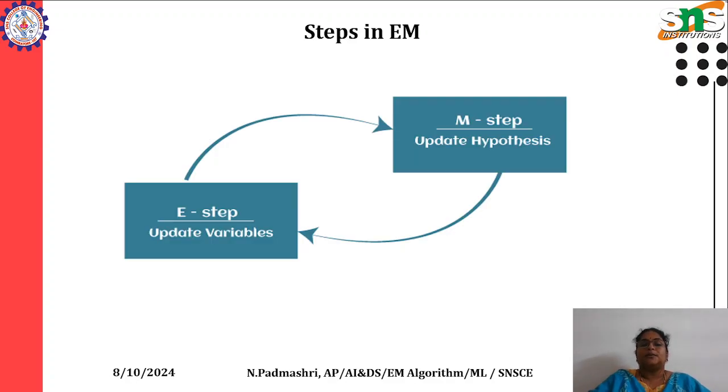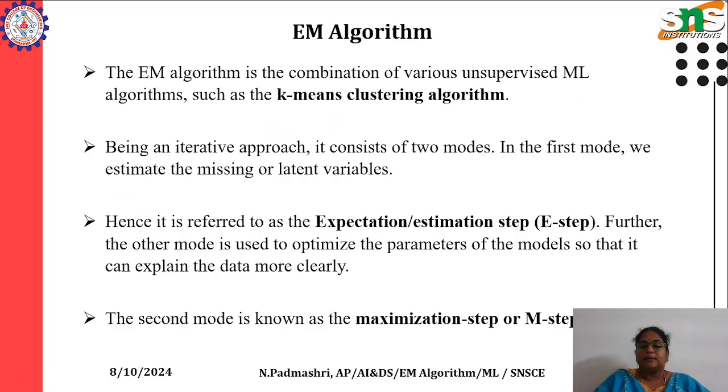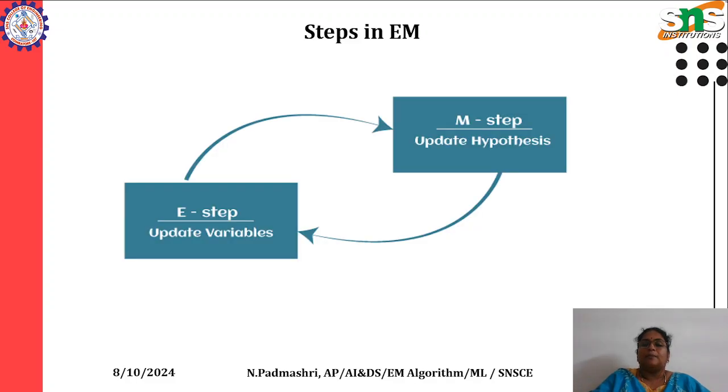You can see here there are two steps involved. One is the M step, the other one is the E step. The first is the E step, right? What is this E? Expectation, or we can say estimation. And M is called maximization, or simply the M step.